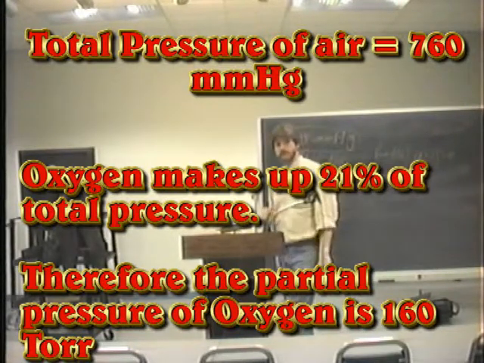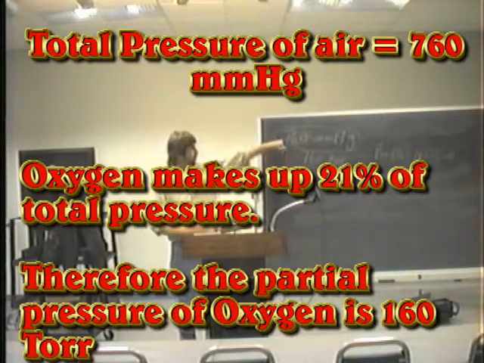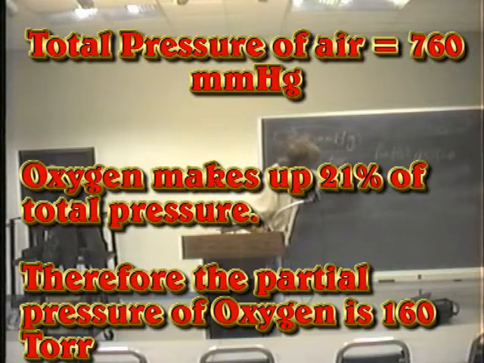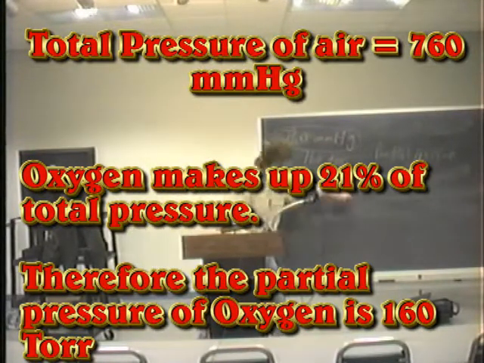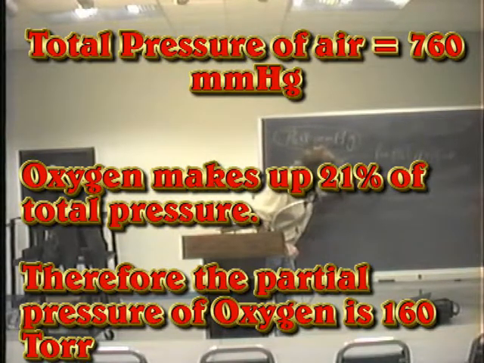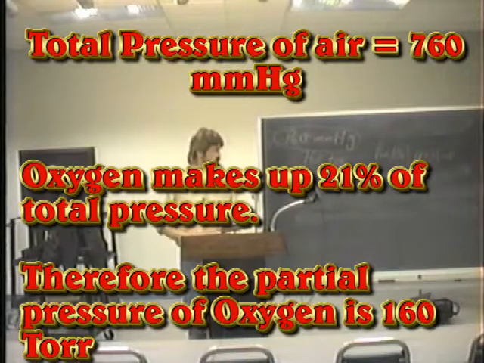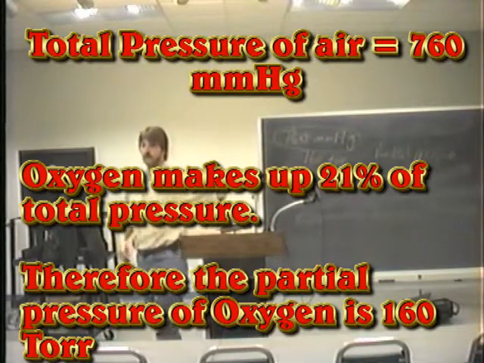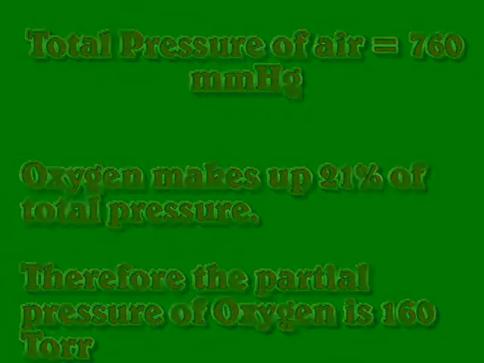Partial pressure. If oxygen makes up 21% of the whole, then we can express it as a partial pressure of 160 torr, or millimeters of mercury. 160 would be the partial pressure of oxygen, or partial pressure of O2 equals 160. Everybody with me? It's not really that complicated.